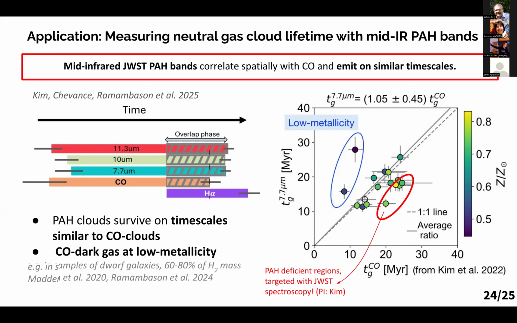There are also a few outliers of this relation below, with a deficit of PAH compared to the CO emission. And these are actually very specific regions that have been studied in a King et al. paper, 2026. And she also recently obtained some JWST spectroscopy to investigate the mechanism responsible for this apparent PAH deficit.